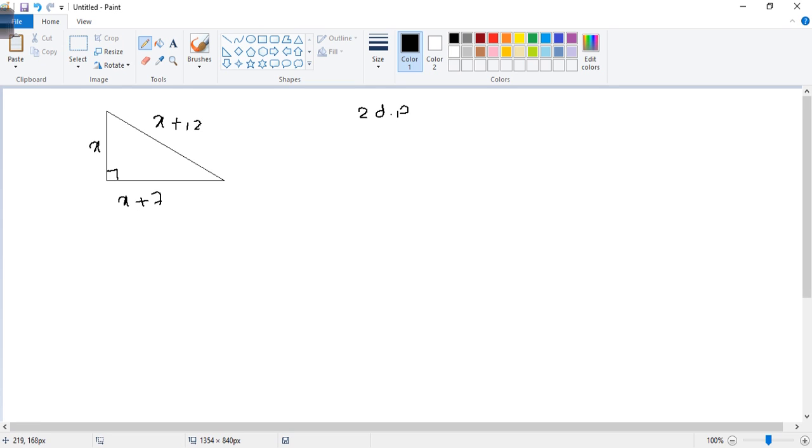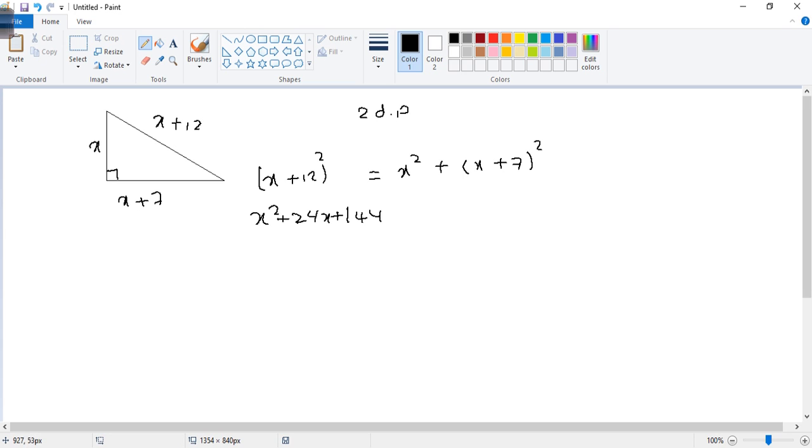This is the hypotenuse and these are the other sides, so it will be x plus 12 squared equals x squared plus x plus 7 squared. We work it out here: x squared, and 12 squared is 144, and x times 12 times 2, that's the way you work it, will be plus 24x.